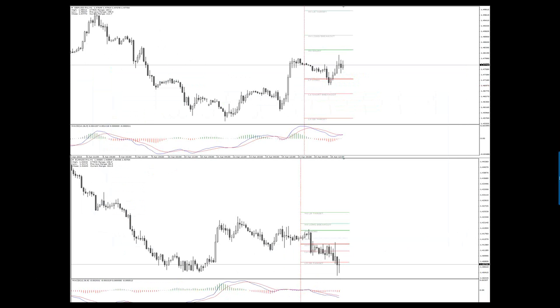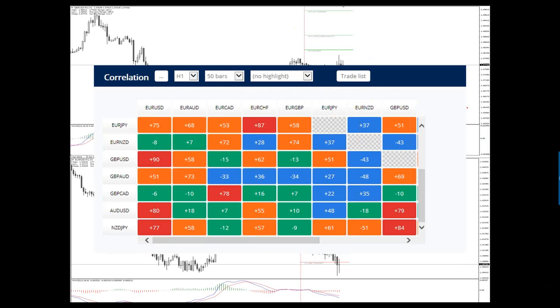It shows the opposite direction. This pair, pound dollar, goes up, okay? And this pair, it goes down. So you would think twice if you try to open two positions, one on GBP dollar and one on Euro New Zealand. Okay? Why?